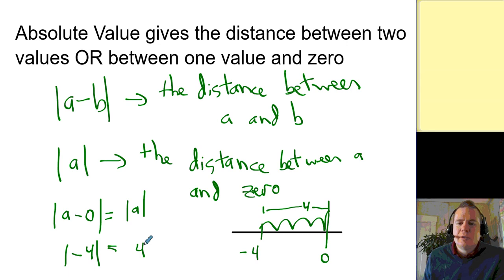I'm just saying that distance is 300 miles, whether I'm going to the right or to the left. It's just that positive number. So absolute value is going to give us a positive, whether we start with a negative or start with a positive.